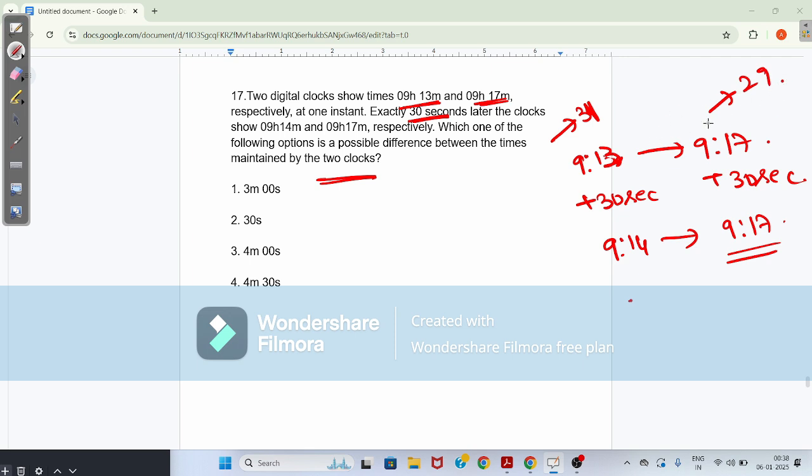After exactly 30 seconds, this time does not change, and this time has changed here. So the approximate time difference between these two will be, sorry, the difference will be 3 minutes 00 seconds.